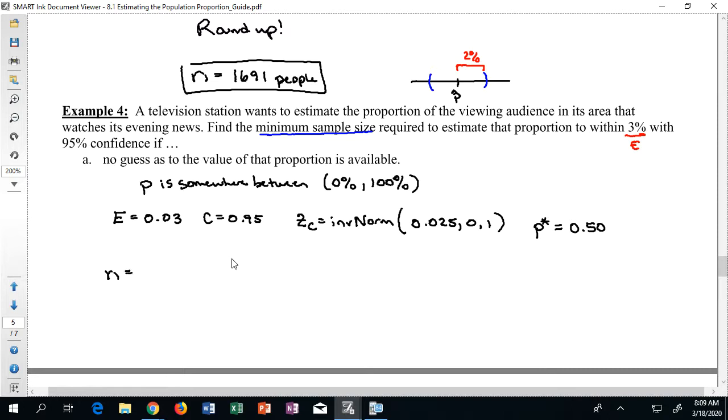So once I have that, I can set up my N. I'm going to do an inverse norm, 0.025, 0, 1. Divide that by my value of E, square the result, multiply by my P star, and here 1 minus P star is the same value. Again, I'm going to go to the calculator to crunch out what this is.